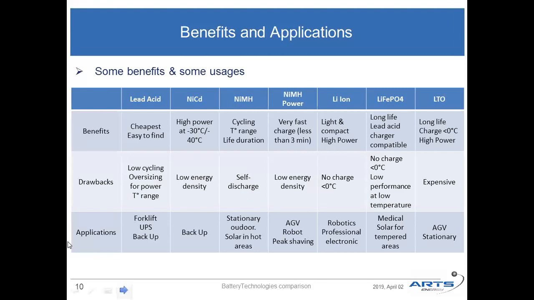If we make a comparison, for example, lead acid is very interesting because it is the cheapest battery technology, easy to find with standard sizes and products. But on the opposite side, in terms of performance, it is not very high level. You have low cycling.